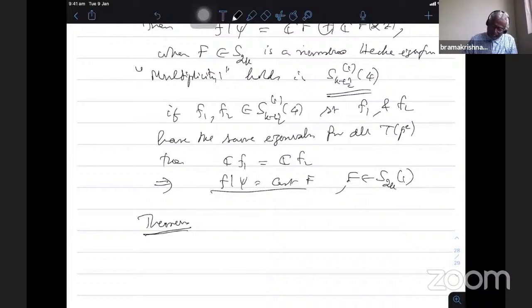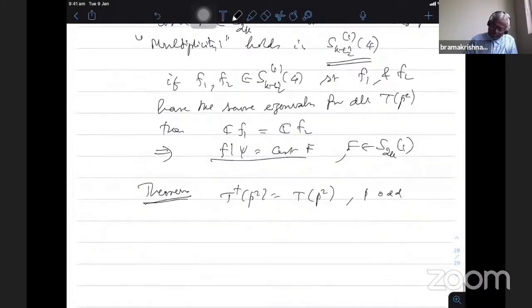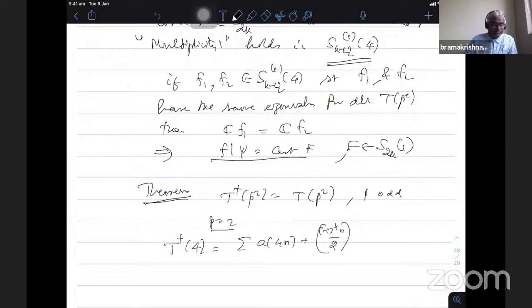So briefly I will mention T_{p^2} for p odd. So I take the same operator whenever p is odd, and for p equal to 2, it defines a different operator, T_4^+. In terms of the Fourier expansion, you take the same Fourier expansion. This character is not defined for all things.